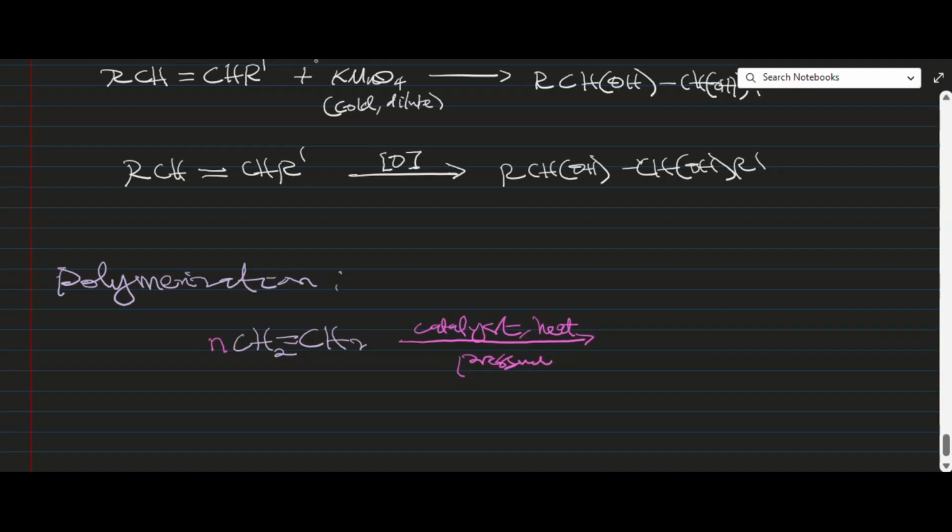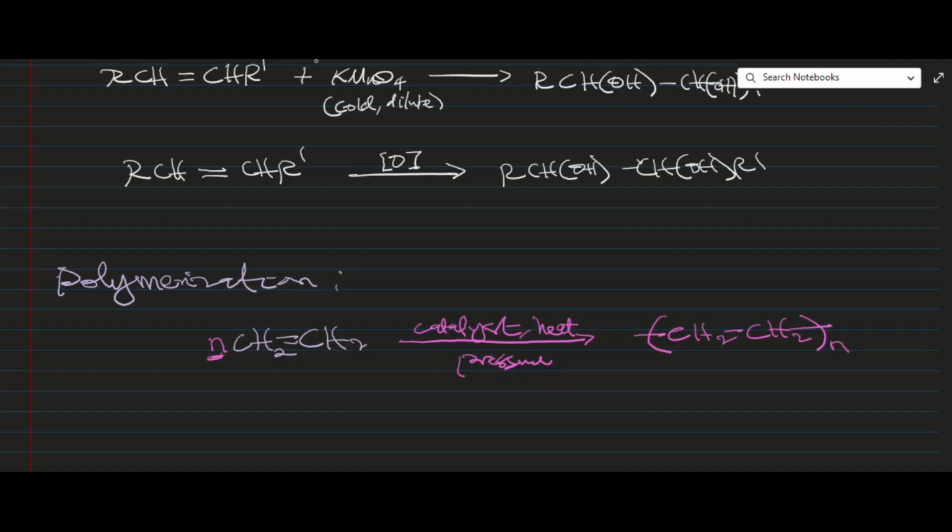So you need to add them. You are going to have your CH2 single bond CH2, and then you have to show that the bond extends across the bracket like this. That shows that this chain continues, and then you have a number of this.